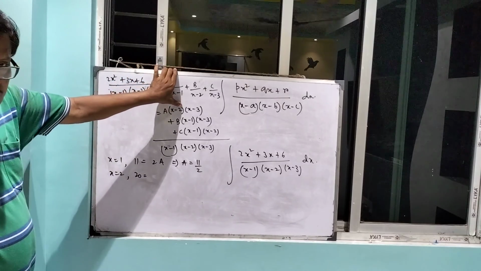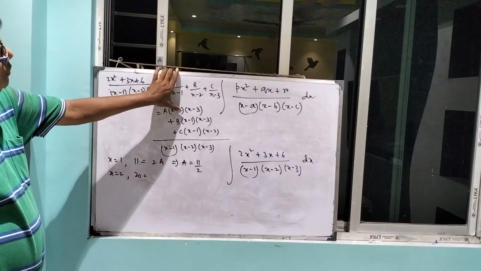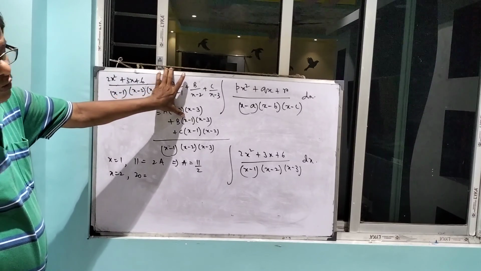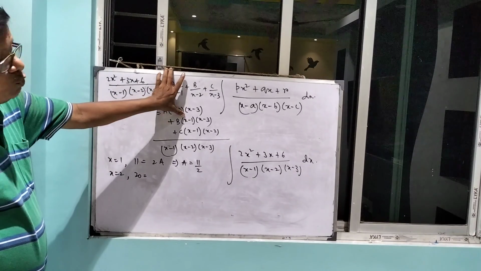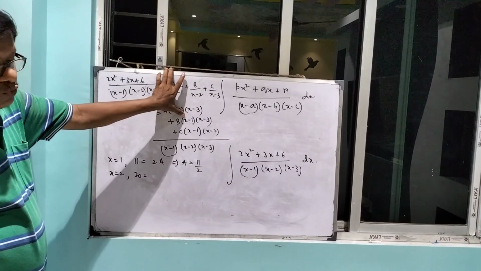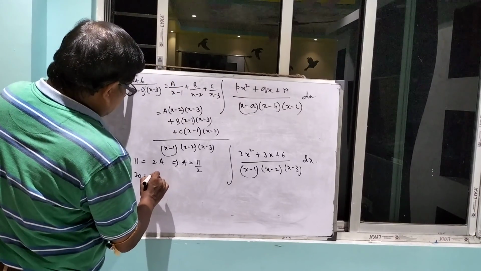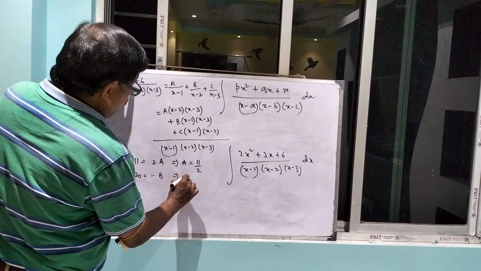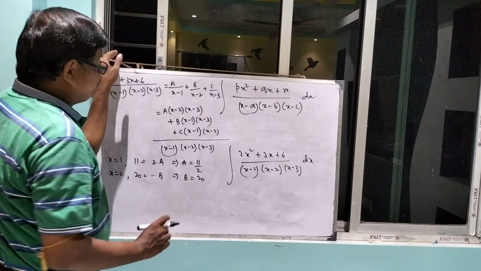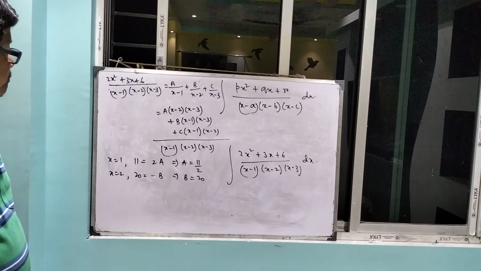So this part will be 0 and this also 0. Now b, 2 minus 1, 1, 2 minus 3, okay, minus 1. So minus b. So b will get 20. Understood? B equal to 20 we are getting.